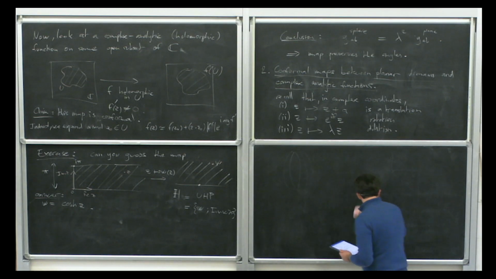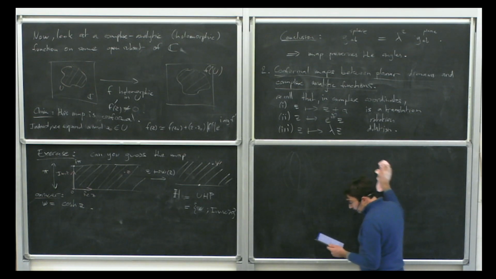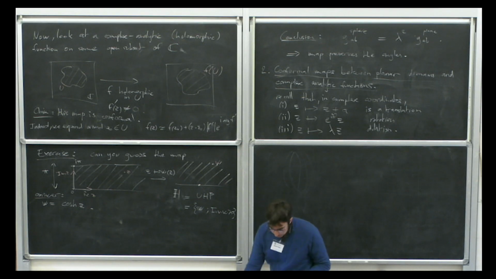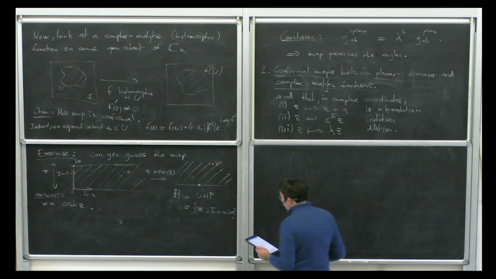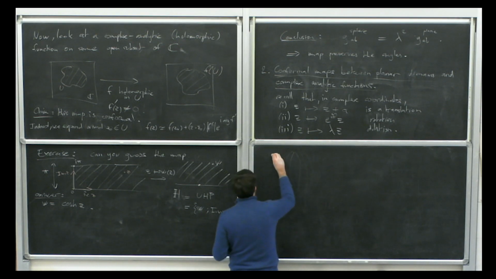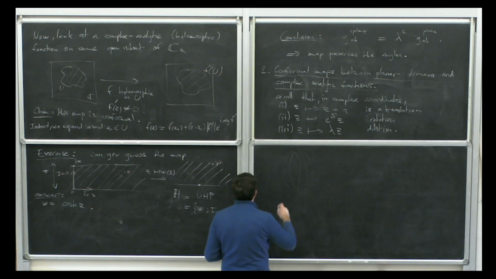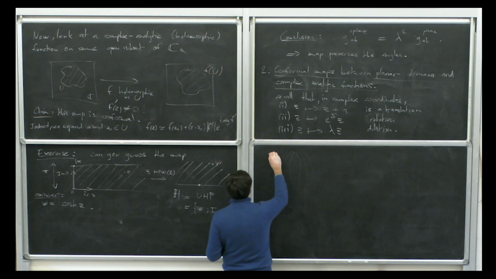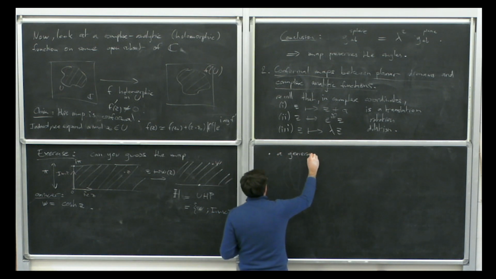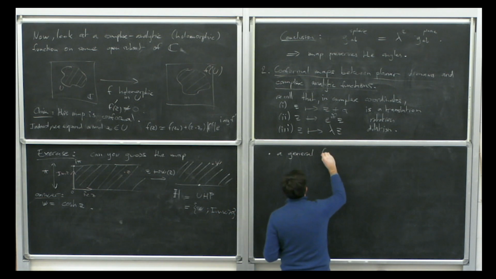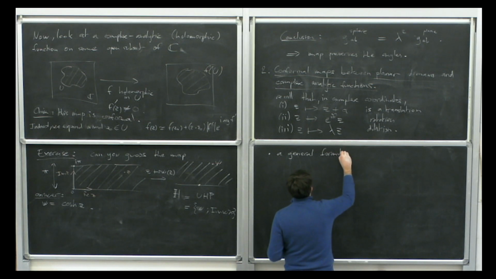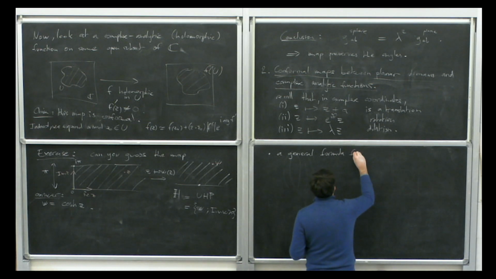The answer is that in general there is no such formula, except in some particular cases, and one particular case which is always good to know is the case of polygonal domains. So there exists a general formula for polygonal domains.